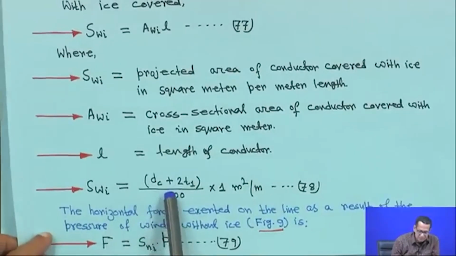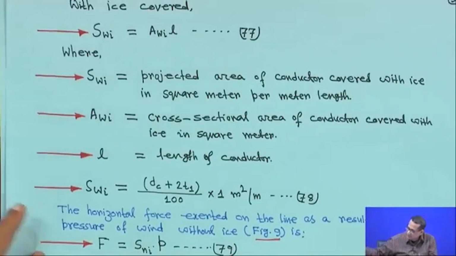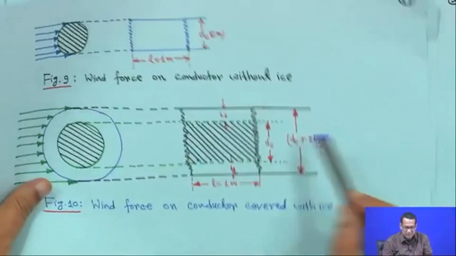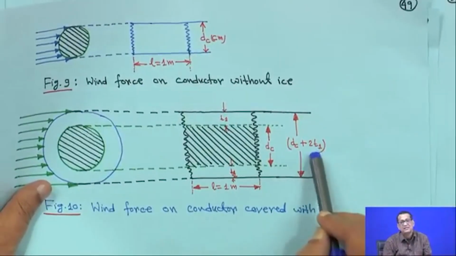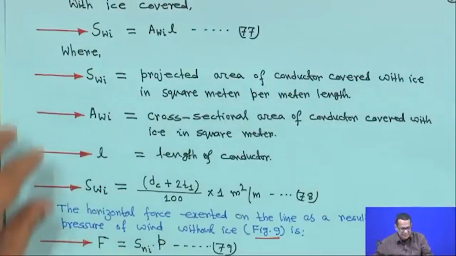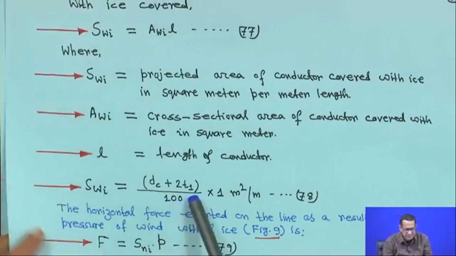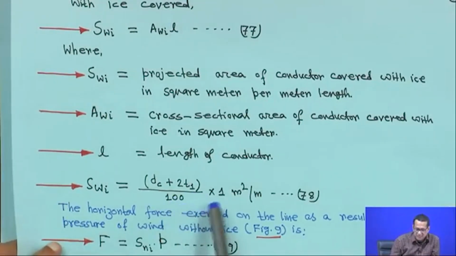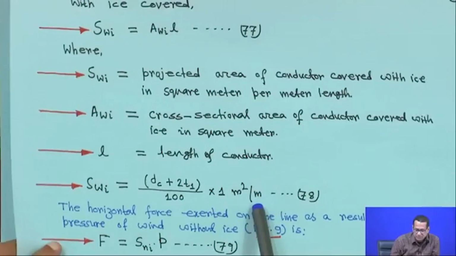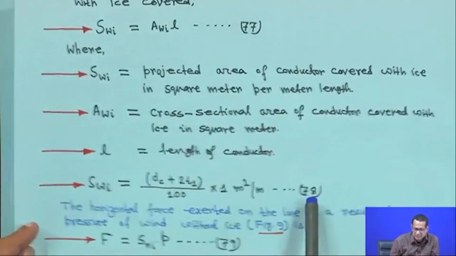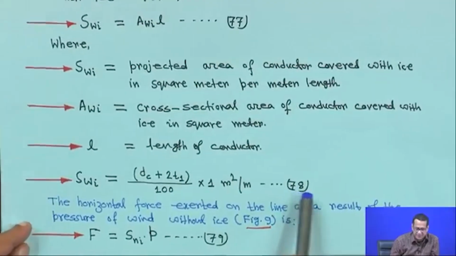Therefore, with ice covered, the diameter is now becoming dc plus 2t1. That means, SWI will be dc plus 2t1 divided by 100 into 1 meter square per meter. This is equation 78.